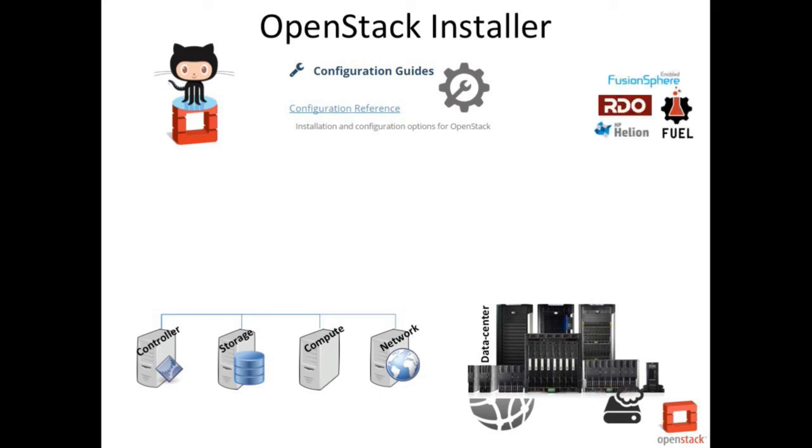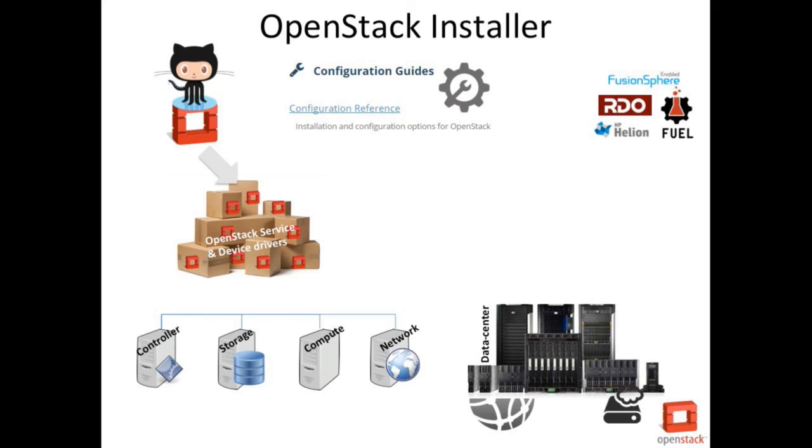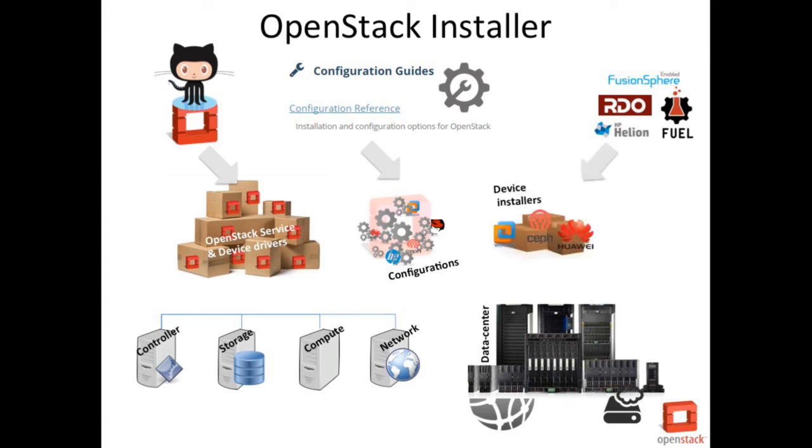All the distros take the code from GitHub and pack it. The packing is nothing but the service components and the installer device drivers, and they read the configuration guide and convert it into configuration playbooks. On top of that, they provide some installers for the device, software defined devices or something like Chef, etc. All these things they call the installer or the distro. So, it is a packaging part.